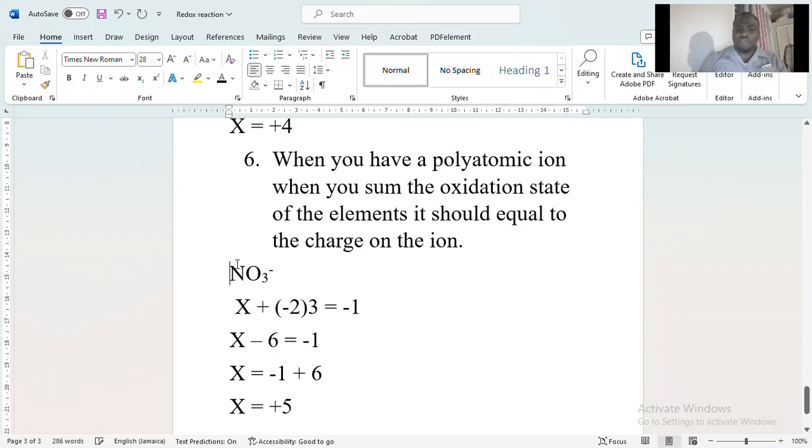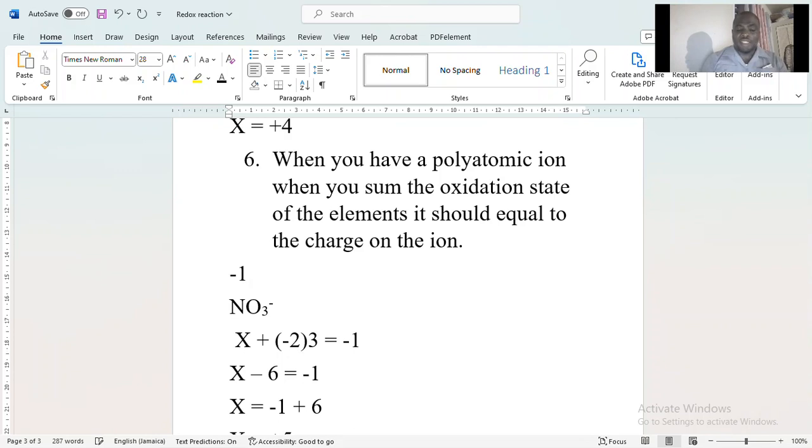And really and truly, if you do it, you get back the same answer. Nitrogen is a -5, sorry, a plus 5, my bad. Each of those oxygen is a -2. So we have -6. Then that should equal to -1.